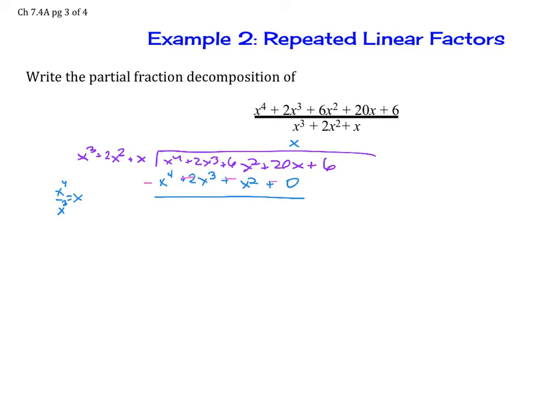So change all the signs to opposite. So we notice we get 5x squared plus 20x plus 6. And so that is our remainder.